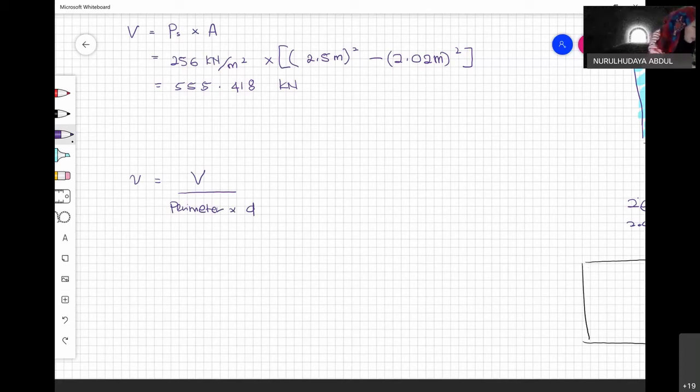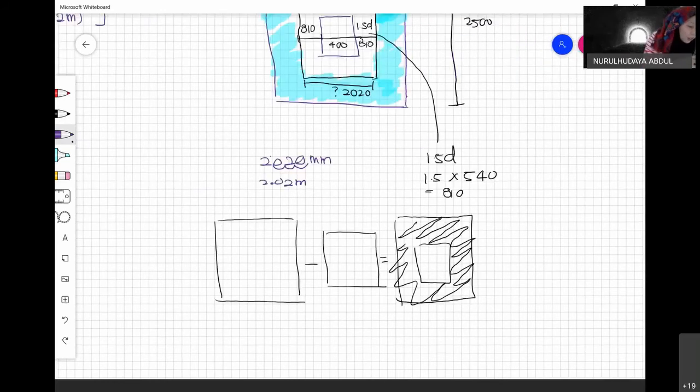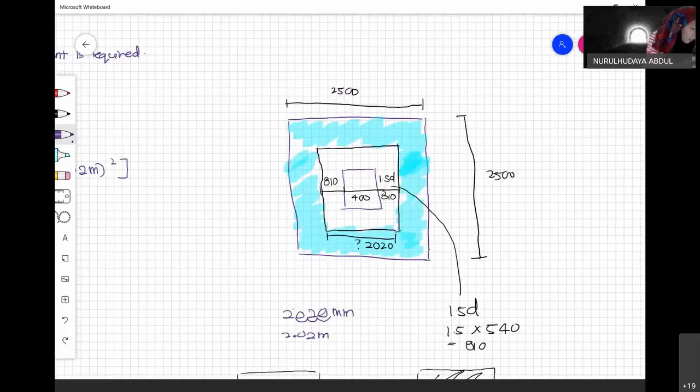Kita kena cari dulu this perimeter berapa. So perimeter ni is actually perimeter yang being affected by this punching here. So maksudnya perimeter mana, inilah dia. Berapa panjang ni, campur panjang ni, campur also this panjang and this one also.